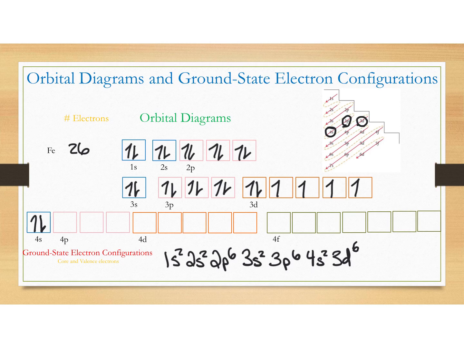So if I add these up again, I apologize. Add up my superscripts. I have 2 plus 2 is 4, 4 and 6 is 10, 10 and 2 is 12, 12 and 6 is 18, 18 and 2 is 20, 20 and 6 is 26. Element number 26 is iron. That is the correct element.